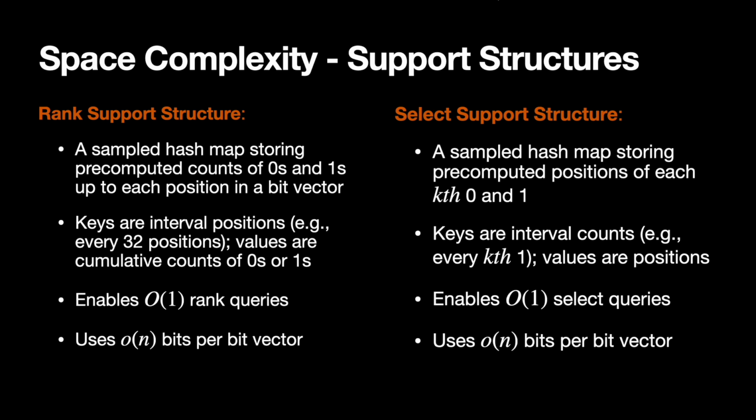When you want to access something, you pass in a position, and if it exists in the hash map, you can immediately grab it. If not, you can make a very small number of steps, depending on how frequent the sampling is, to get the value you're looking for in constant time. So this enables constant time rank queries and uses little o of n bits per bit vector.